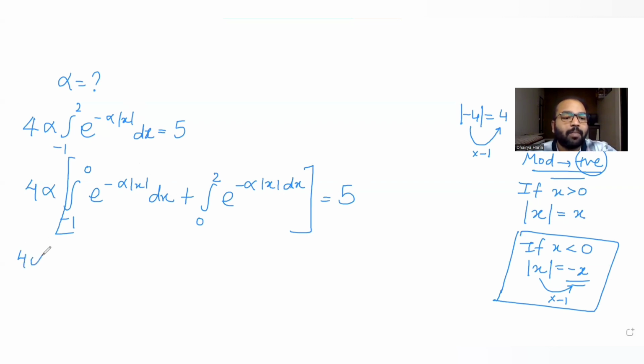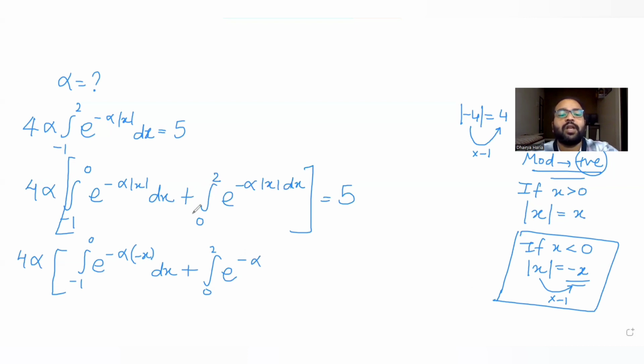So 4 alpha. Now, when the limits go from -1 to 0, it is e raised to minus alpha mod x. Now mod of x when x is less than 0, we already know it as minus x. So if I replace this mod of x, I can write it as minus x dx. Then 0 to 2, e raised to minus alpha mod x.